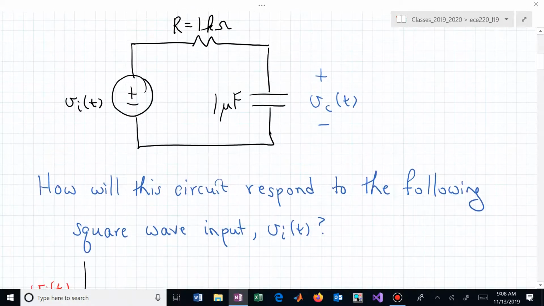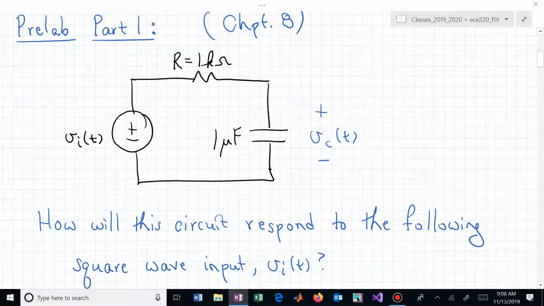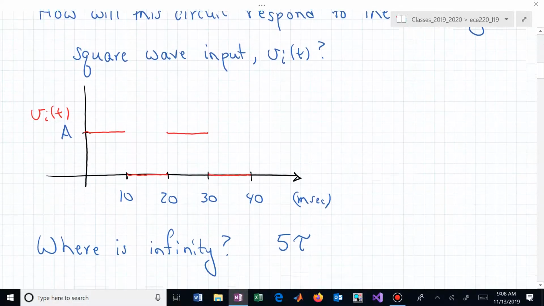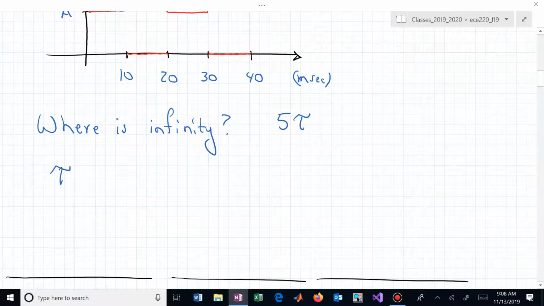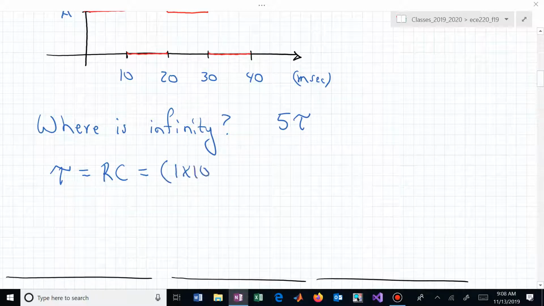And can we figure out what tau is for this particular circuit? What is tau in a first order RC circuit? That's the time constant. That's what tau is. Tau is R times C. We can now find tau, since we are given specific values of resistor and capacitor. The resistor was 1,000 and the capacitor was 1 micro.